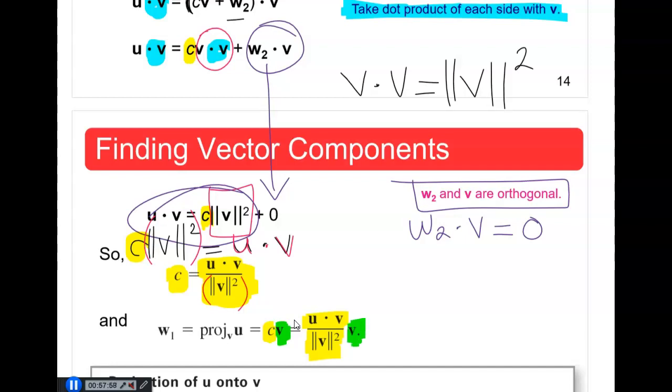So we will be finding the constant, and then after that, we will multiply that constant by vector V to find the projection of vector U onto V, which will represent W sub 1. And that is the first step into finding the two vector components, W sub 1 and W sub 2.